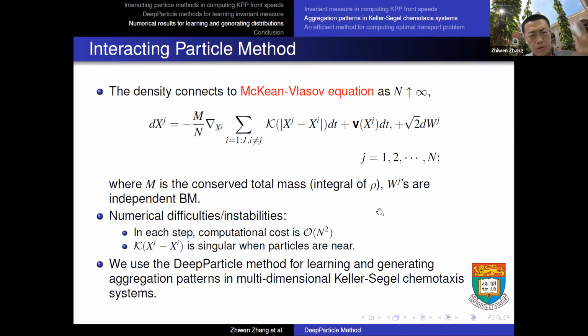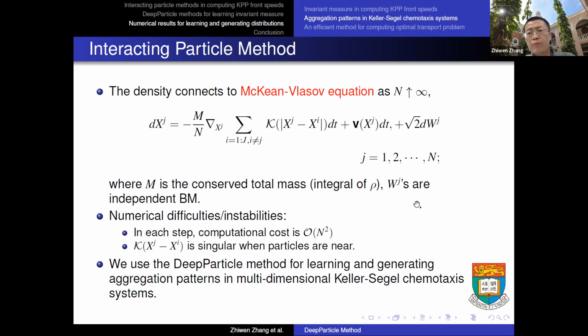So how to do this? There are many other interesting directions. Here we replace this singular kernel by a smooth, regularized kernel, and we want to investigate whether DeepParticle can learn and generate aggregation patterns.